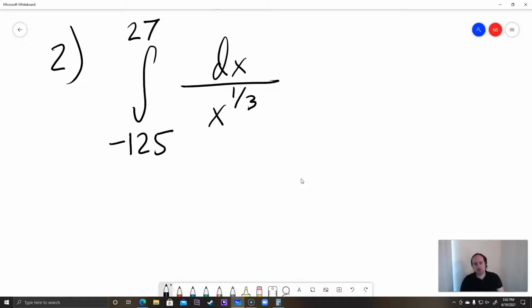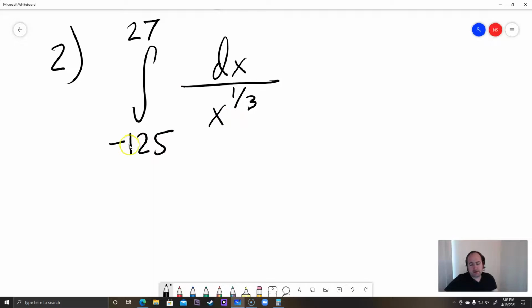So the correct way is a bit longer, but what you're supposed to do here is you're supposed to split this up into 2 integrals, and each integral needs to have a limit to avoid having a value that's undefined. So you might be wondering, well, Mr. Shoemaker, how would this be undefined?